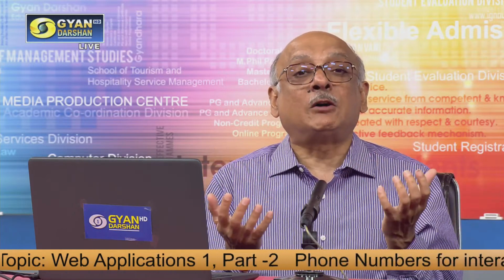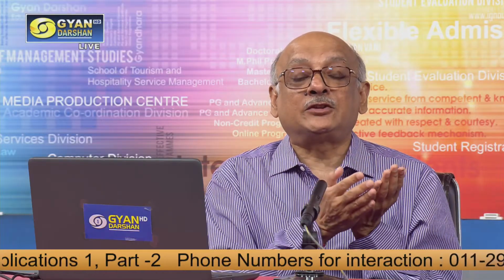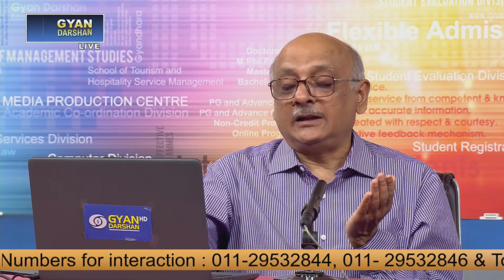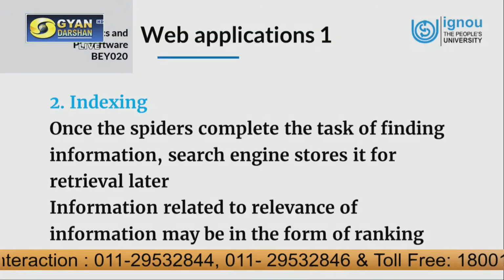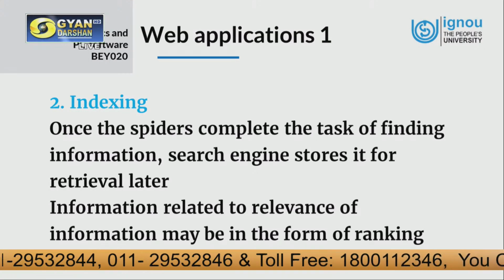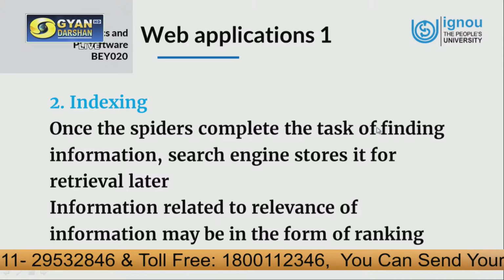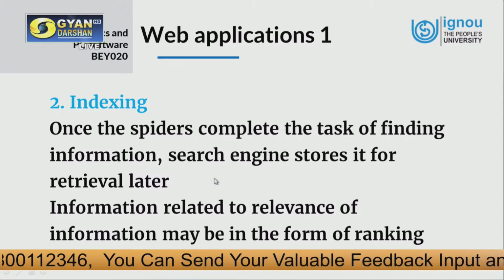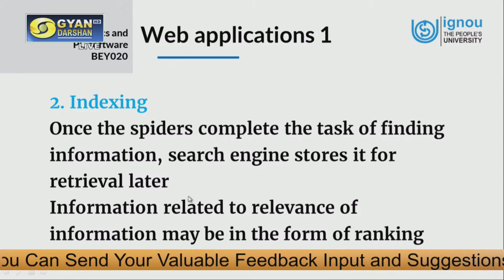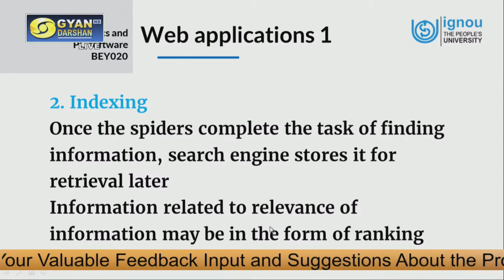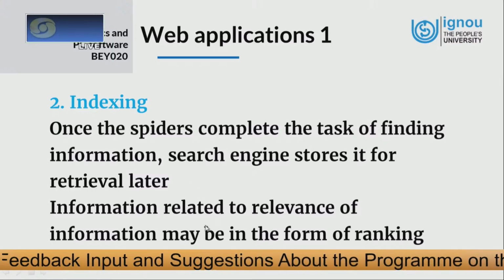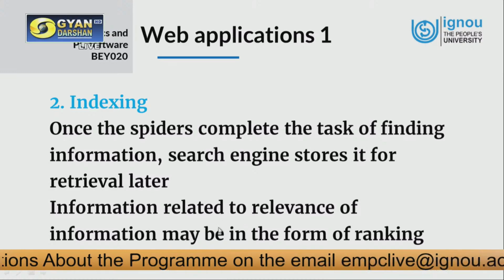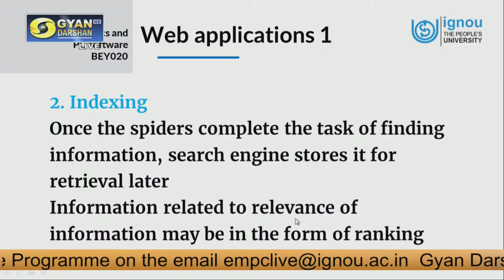But that huge amount of information then needs to be transferred into some kind of indexing, right? So once the spider completes the task of finding the information, the search engine stores it for retrieval later. Information related to relevance may be in the form of ranking.